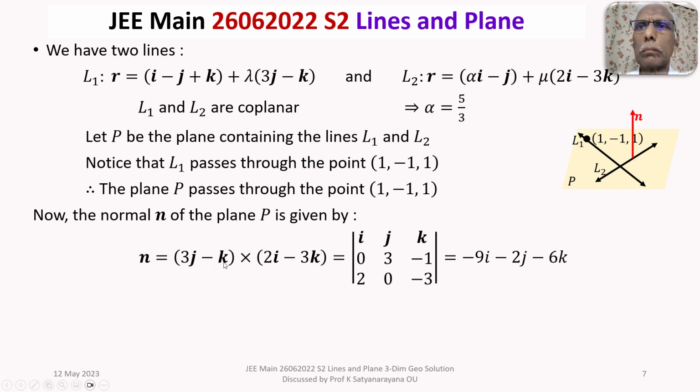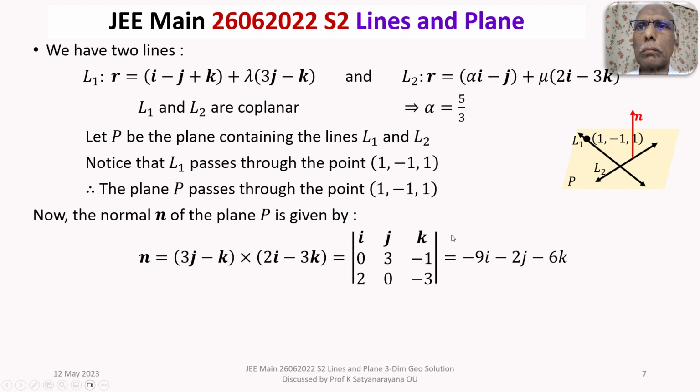That is (3j - k) cross (2i - 3k). So if you do that, then you will get the normal. And that is the determinant with rows i j k, 0 3 -1, 2 0 -3.